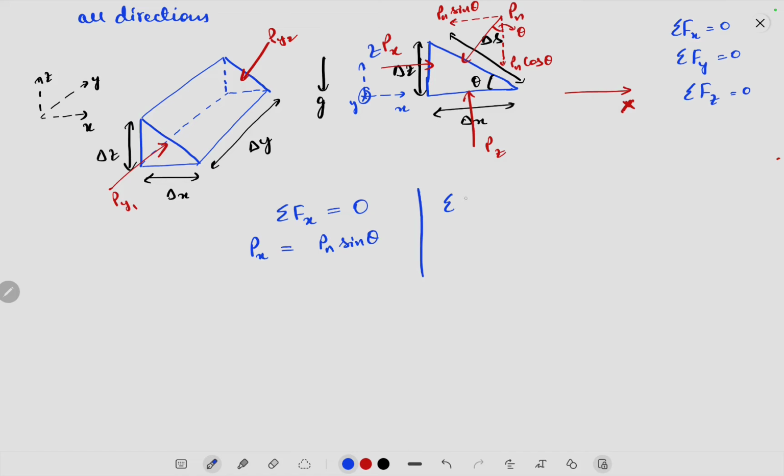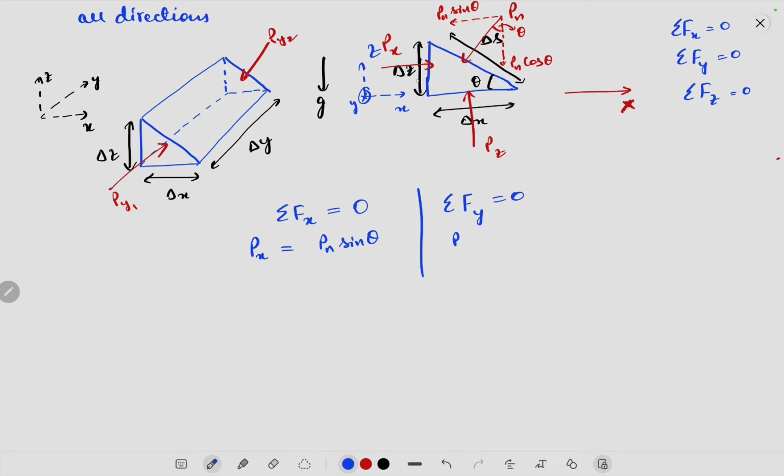Similarly, for summation Fy to be equal to 0, since only Py1 and Py2 are the pressures, force will be converted to pressure by multiplying pressure with area. Px is acting on this surface, so we also have to multiply the area with the pressure Px.